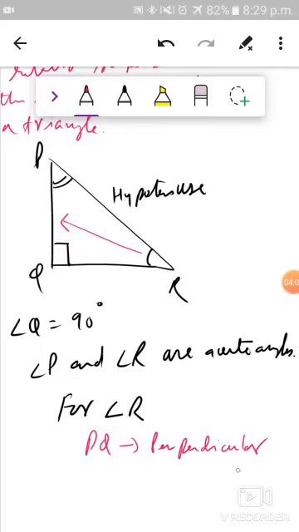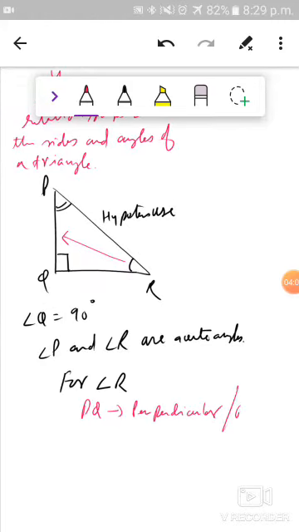This perpendicular is also known as opposite, because we are taking the side opposite to that particular acute angle.